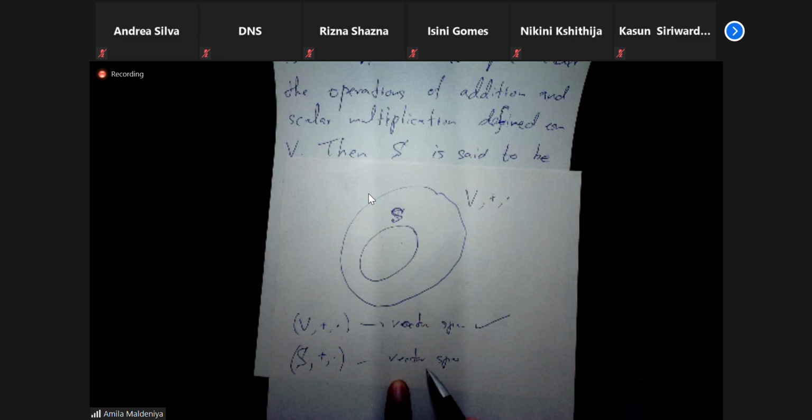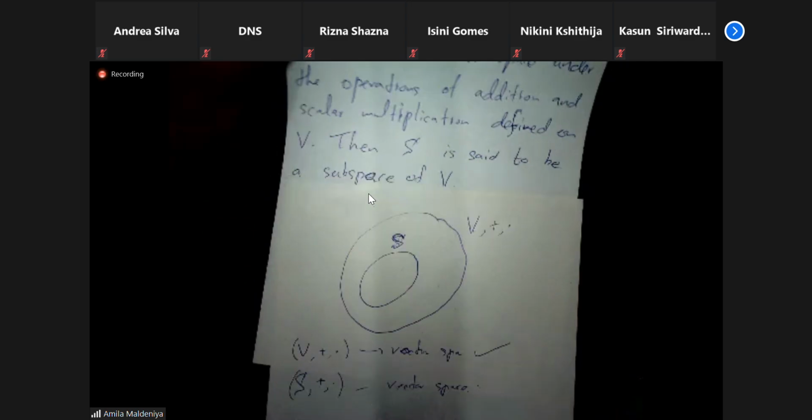If it is not, what's the reason? Addition and scalar multiplication is not enough. It has to satisfy the 10 axioms. So we want to check whether it satisfies the 10 axioms. If it satisfies them, it's a vector space. Otherwise, not. That's the thing we want to look at.